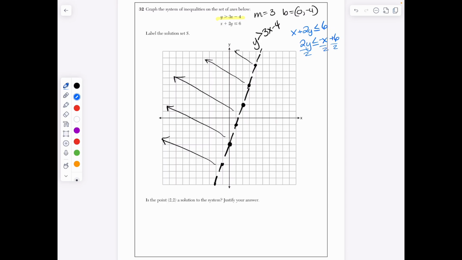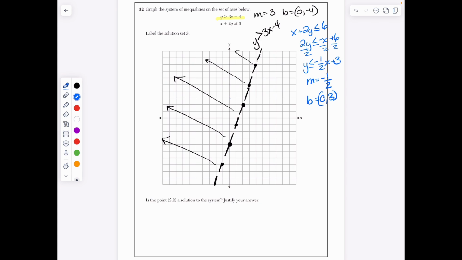That's going to give me y is less than or equal to negative 1/2 x, and then 6 over 2 is 3, plus 3. So I have my m is negative 1/2, and my b is equal to 3.